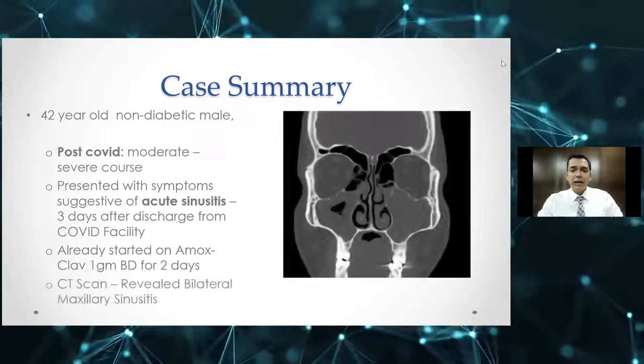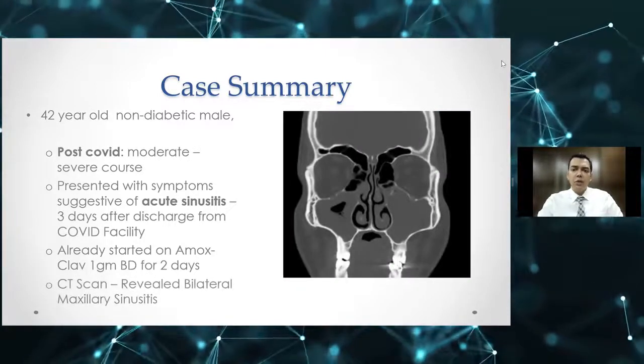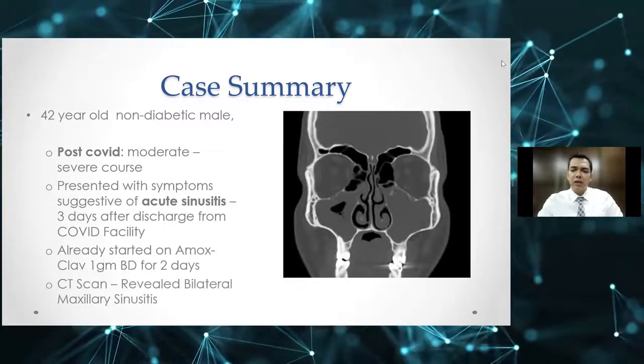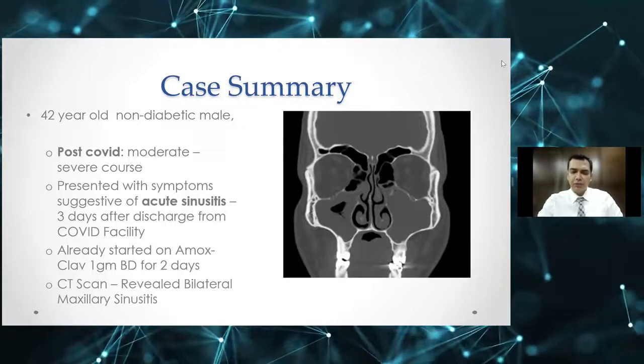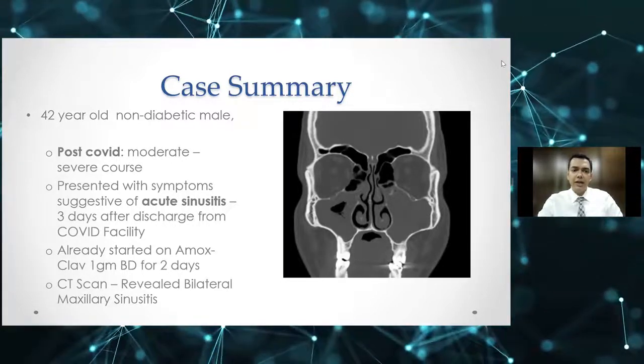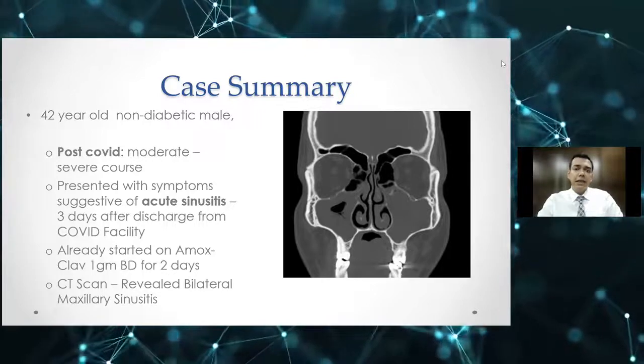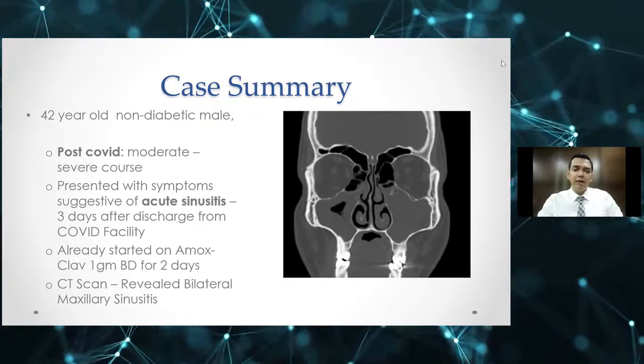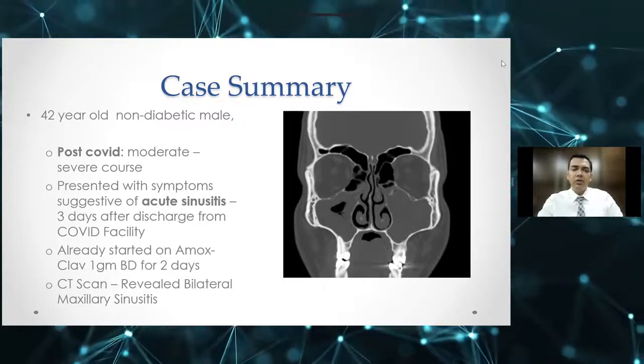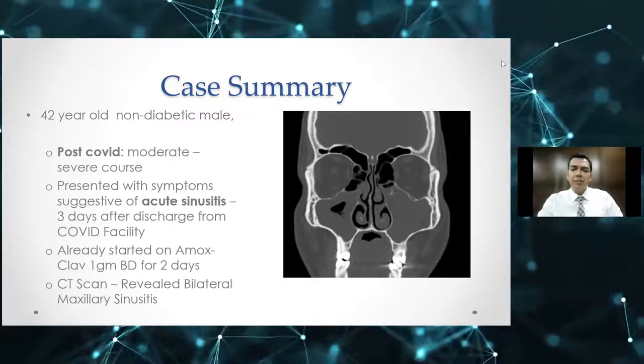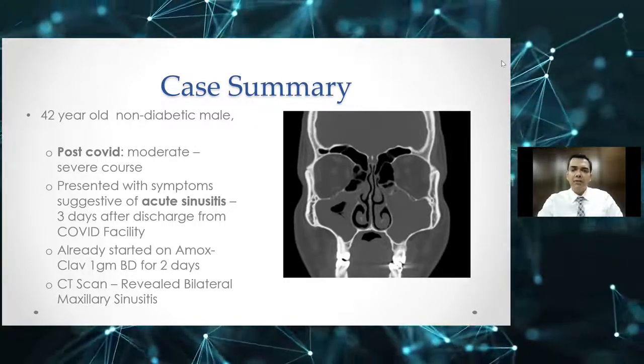He was actually related to a radiologist, so he came to me with a CT scan and an MRI, which showed a classical bilateral maxillary sinusitis. This was literally in the peak of the second wave, where we were operating on like 2 mucor cases every day, so there was a big scare amongst the family members.